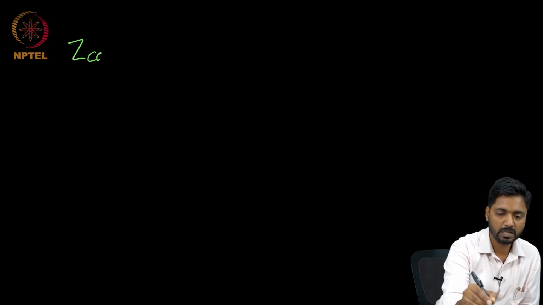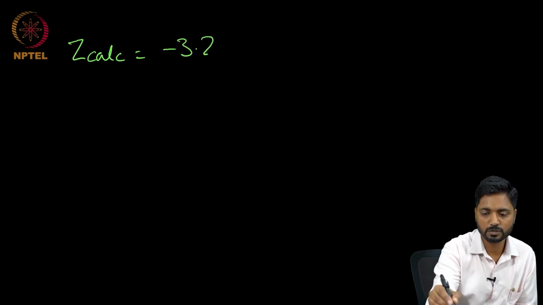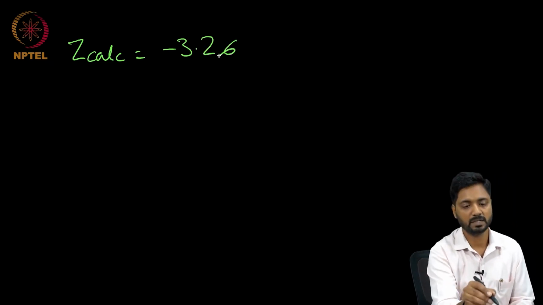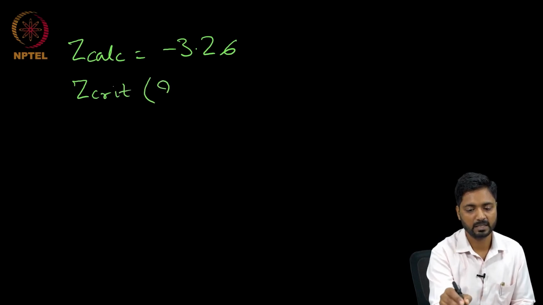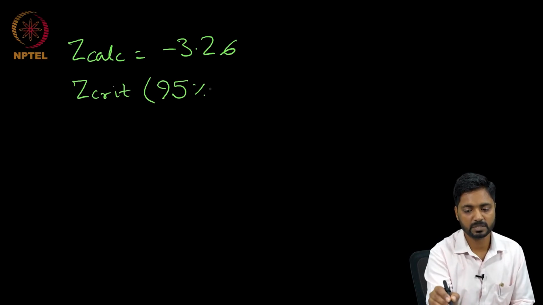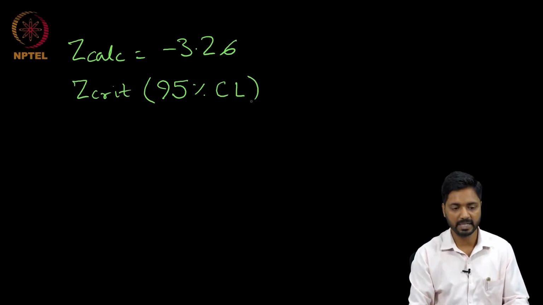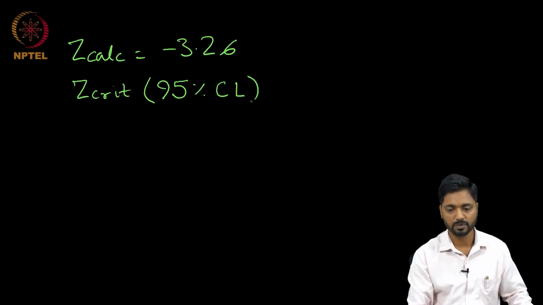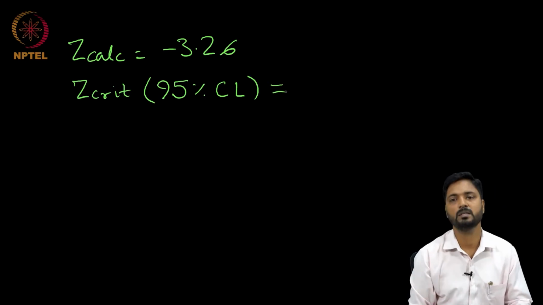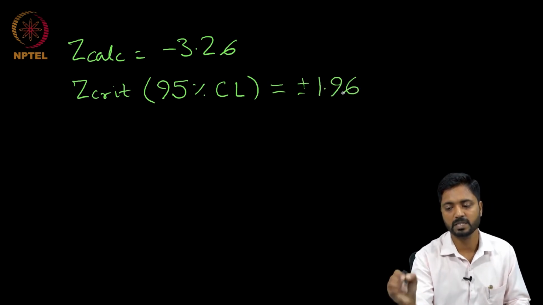So, z calculated was minus 3.26 and z critical at 95% confidence level for a two-tailed test is to be checked, and this should be equal to plus minus 1.96.